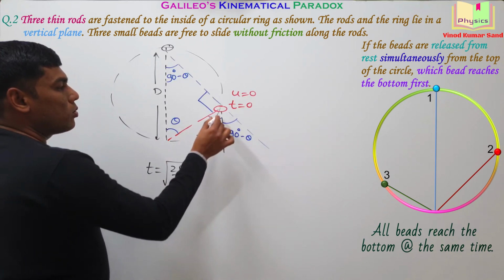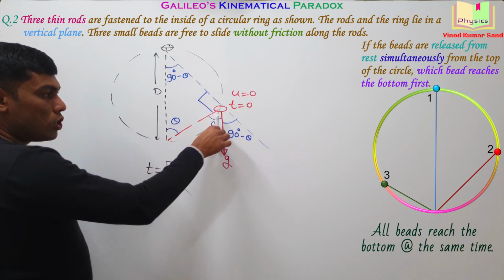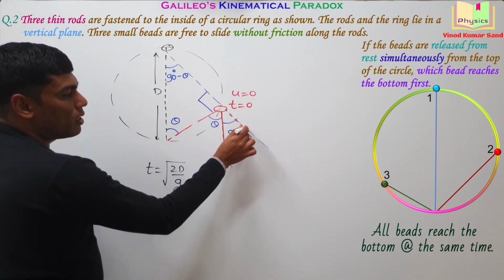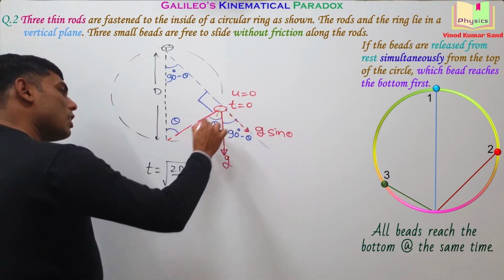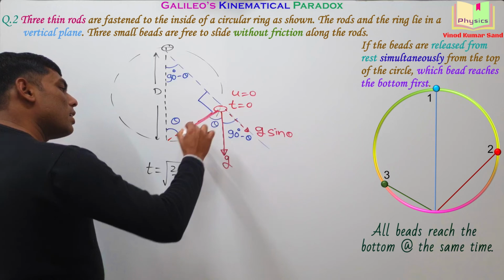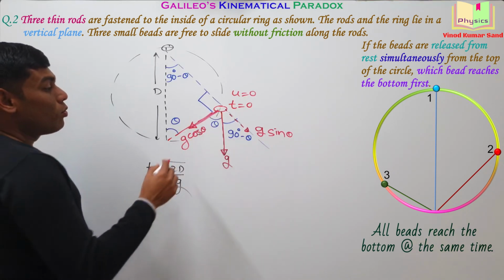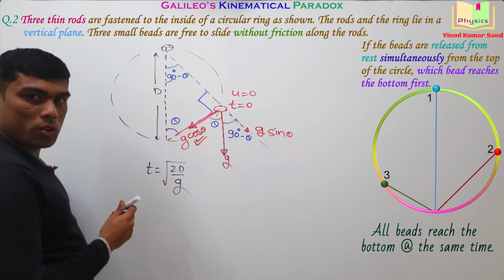Now acceleration due to gravity is vertically downward like this, g. g will have a component in this direction. How much is that component? g sine theta. And the component of g along the red direction will be g cos theta. For calculation purposes, we are using this component of acceleration due to gravity.